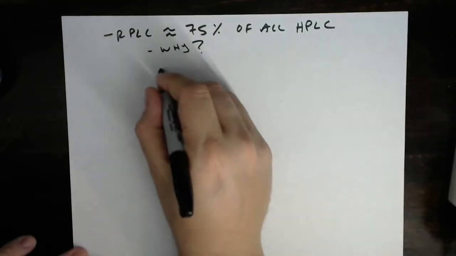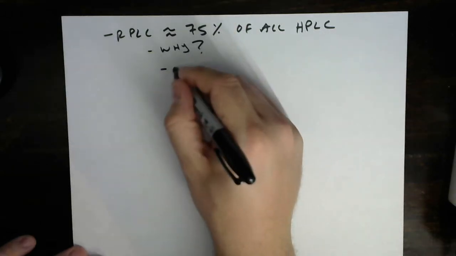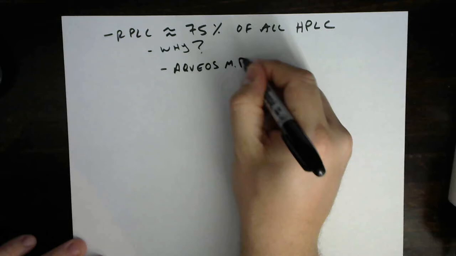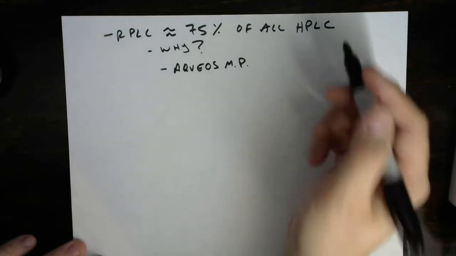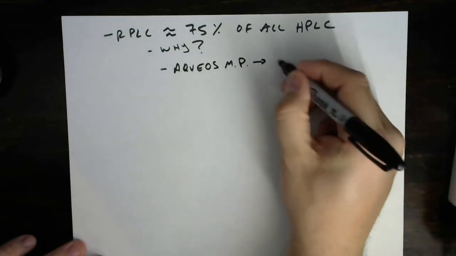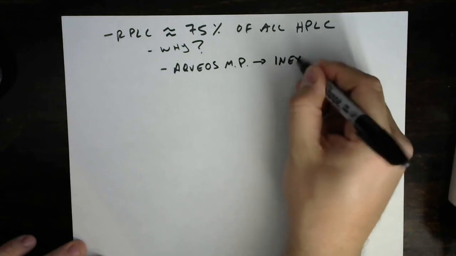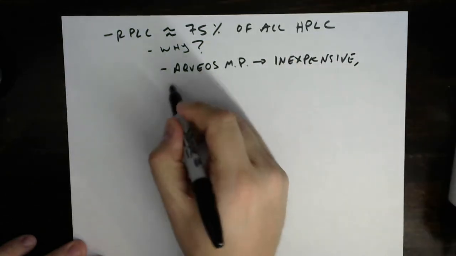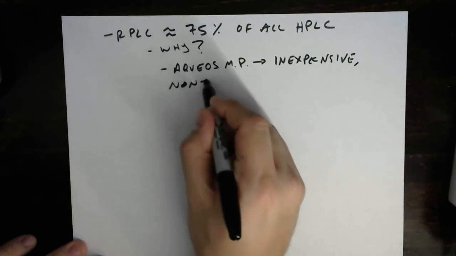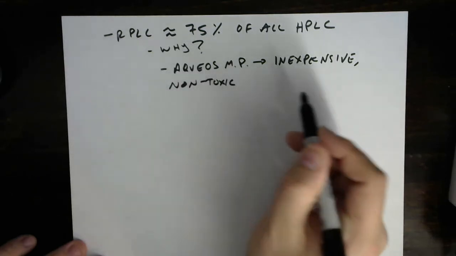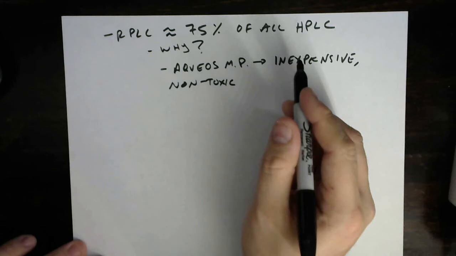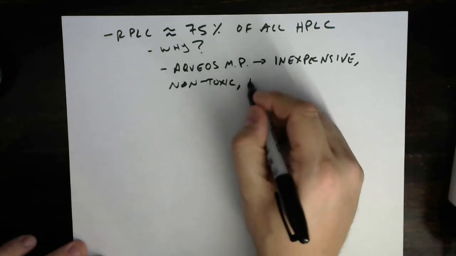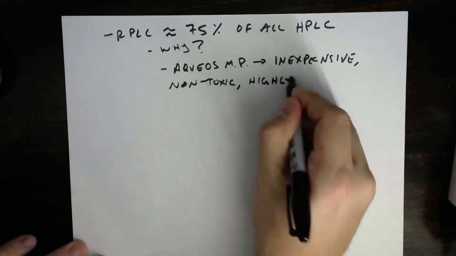There's a couple reasons. The first is that aqueous mobile phases are just good. They're just awesome because they're inexpensive, right? They are non-toxic. And they tend to be highly compatible.